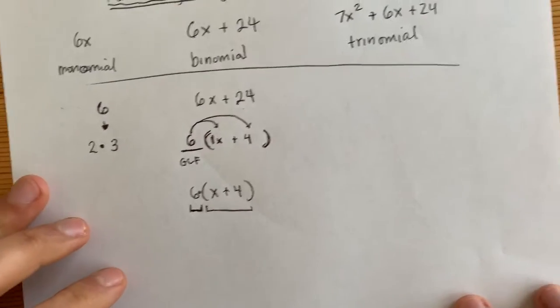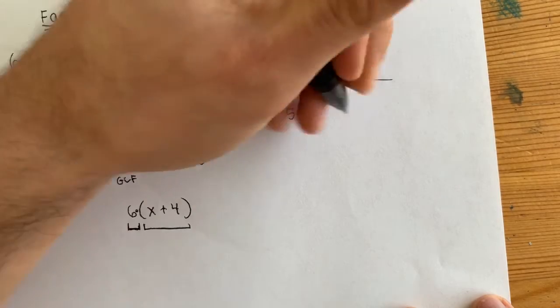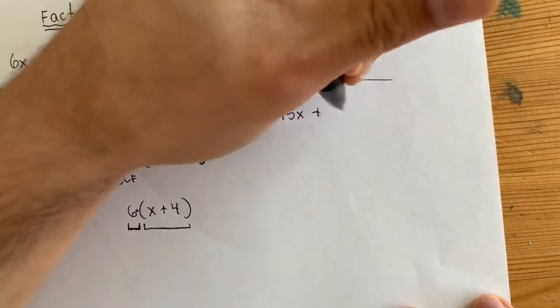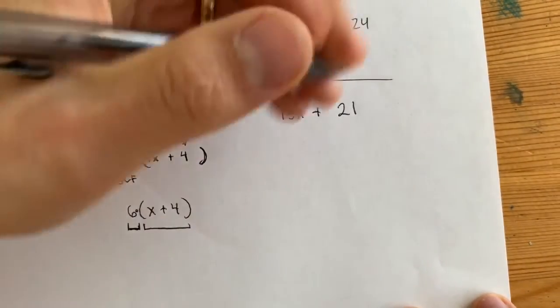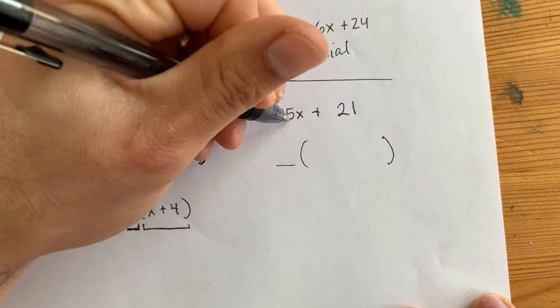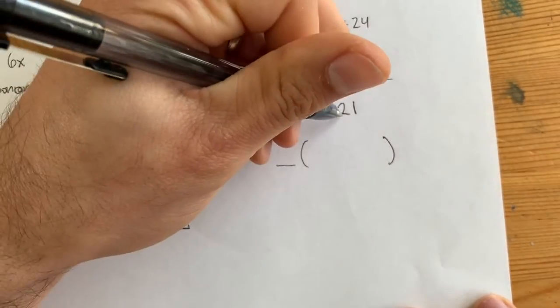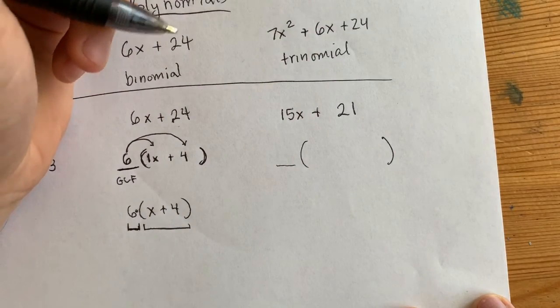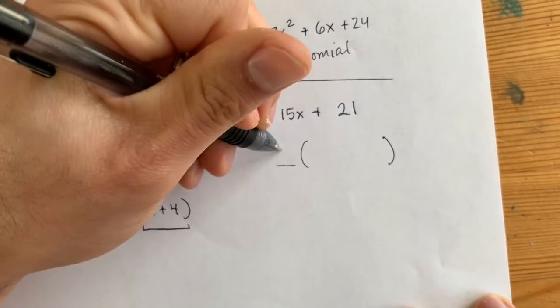Let me do another example here. From here, I'm trying to find the greatest common factor to take out that goes into 15 and 21. 5 goes into 15, but 5 does not go into 21. 3 goes into 15, and 3 goes into 21.